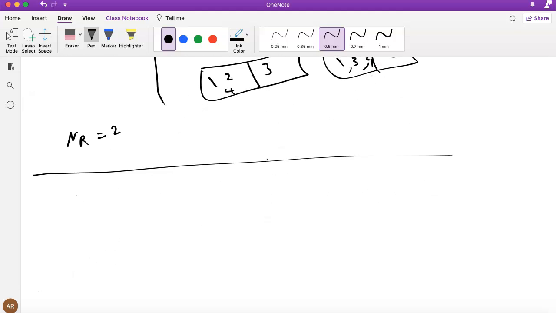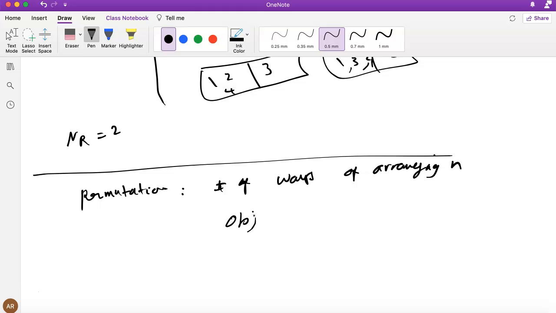So how do I think about the number of ways of choosing, let's say, n_l from n? The first thing I want to mention is something called permutations, which is the number of ways of arranging n objects.